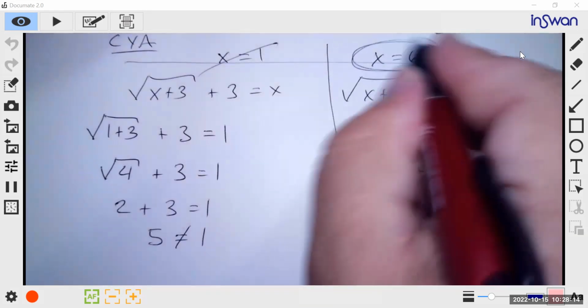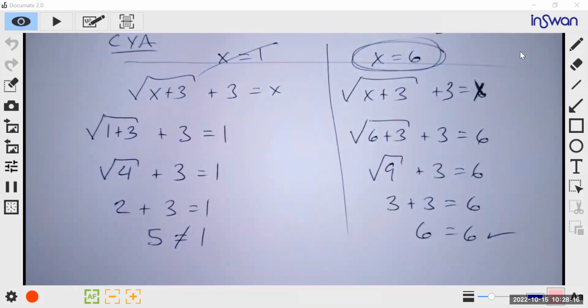So the only answer we have is x equals 6. So far, so good. Once you finish it, always check your answers.